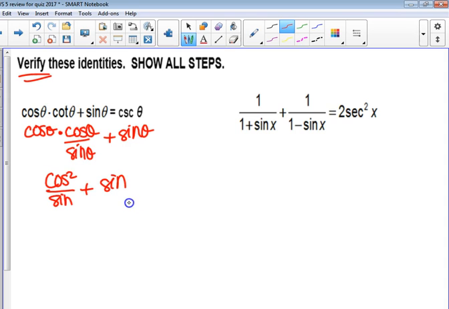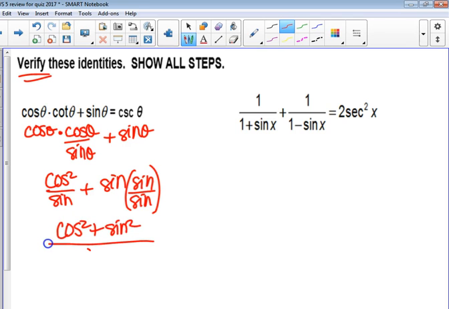I need to get a common denominator. Everybody okay with that? So I'm going to multiply this by sine over sine. It's a verify, so please show some work. I get cosine squared plus sine squared, all over the same common denominator of sine. That is 1, and 1 over sine is cosecant. That one was pretty straightforward once you realized you needed a common denominator.